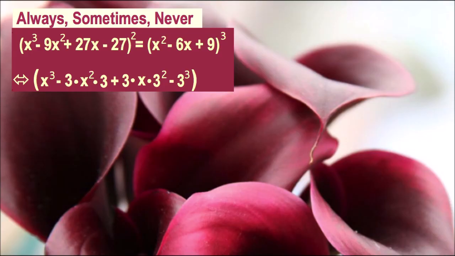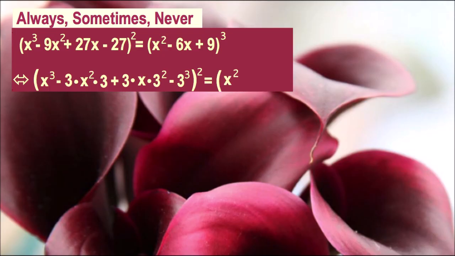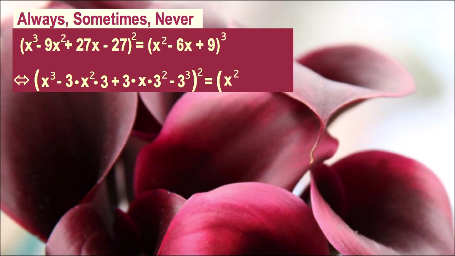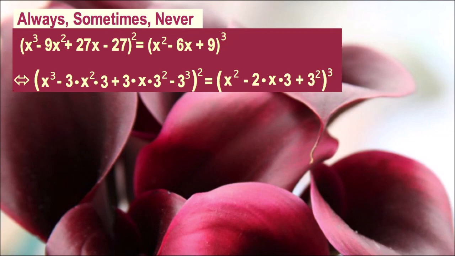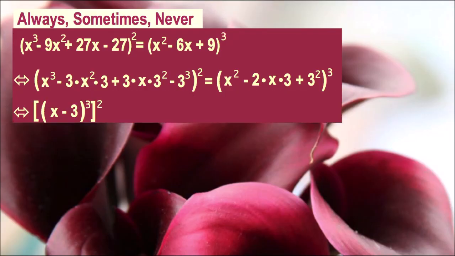Minus 3 cubed, 27. Everything squared. Which equals x squared negative 2 times x times 3 plus 3 squared, everything raised to the power 3.